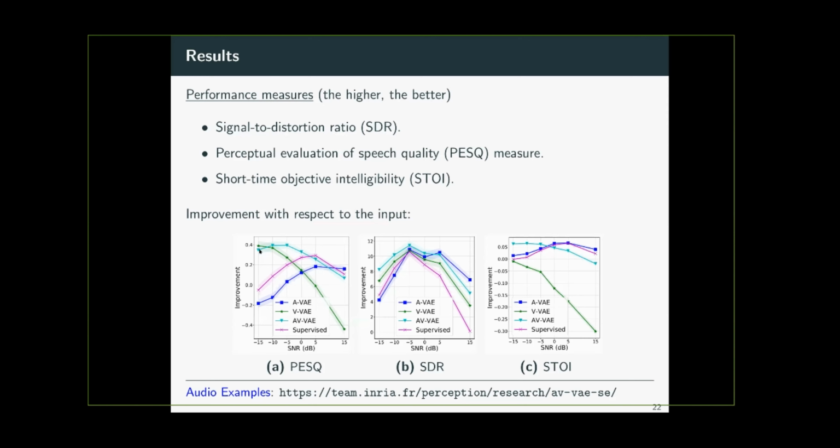But what is important here is that if you take a look at the turquoise curve, it is good in both cases. So it's close to vision when noise is very high, and it's close to audio when noise is very low. And this means that we actually succeeded in fusing audio and vision for speech enhancement. Okay, and this is repeated roughly for the three measures, maybe not for STOI, it's a bit more difficult to interpret.